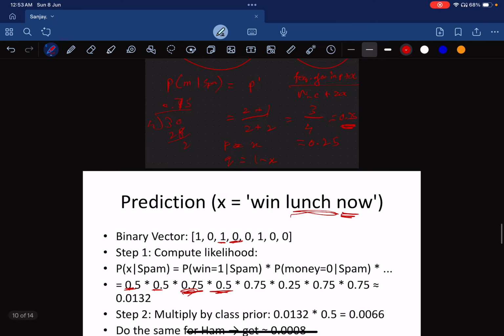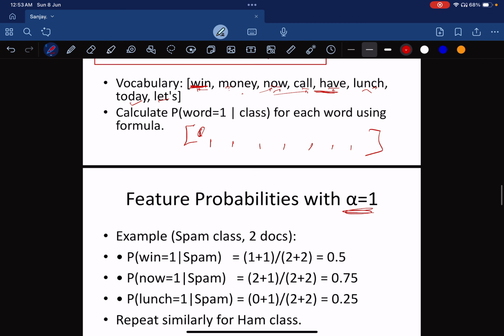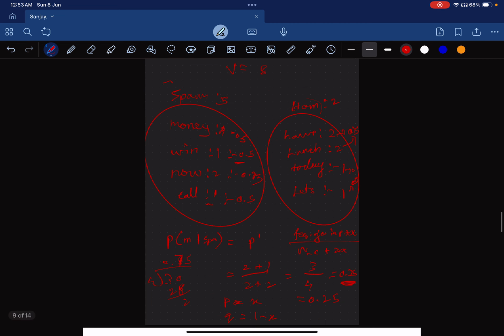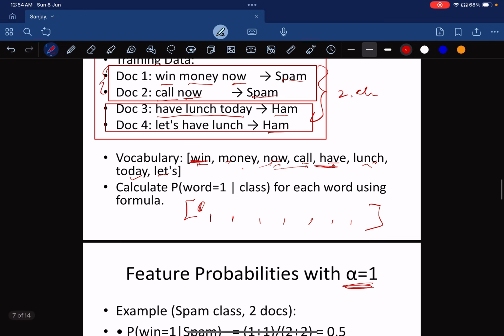Actually, I made some mistakes here. We found the vocabulary. After finding the vocabulary, we need to find, for each class, the probability it belongs to. All the words are considered as features in both classes, and we only use the frequency there.